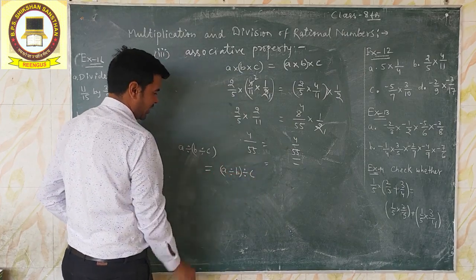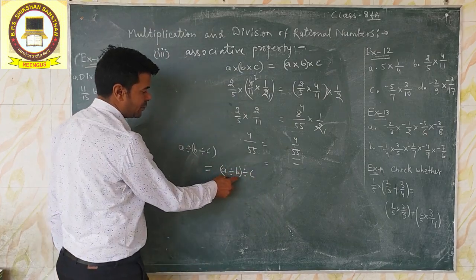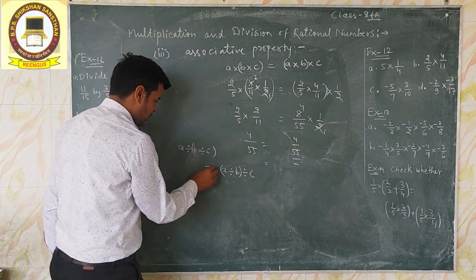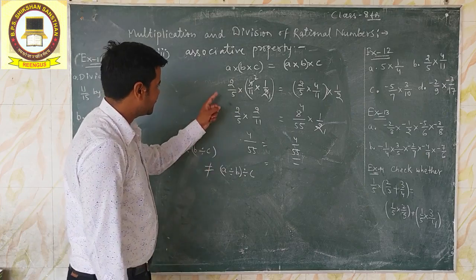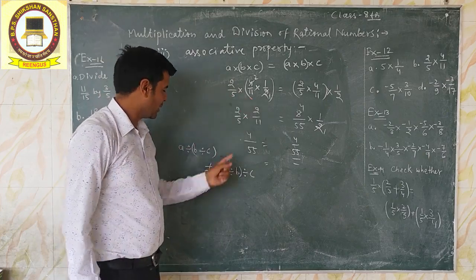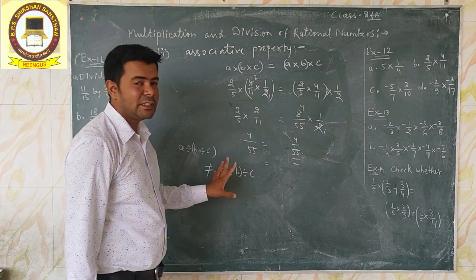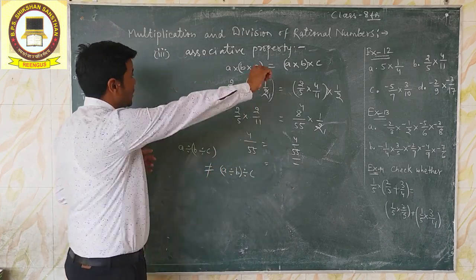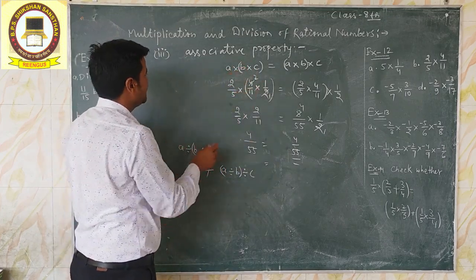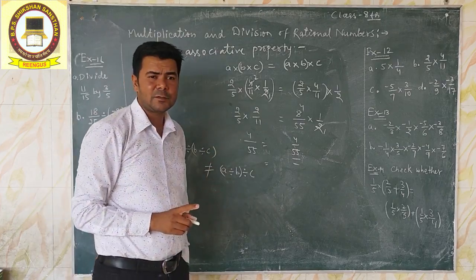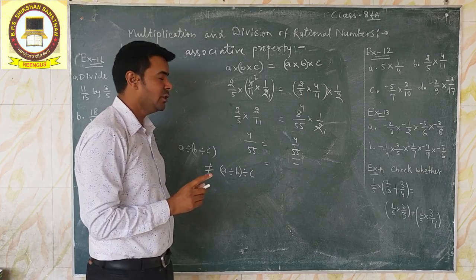Here the bracket is A divided by B, then the value is divided by C. So it is not equal, and take the same numbers and perform it as your homework and then tell me the answers. So all I can say is associative property is applicable on multiplication but not applicable for division.